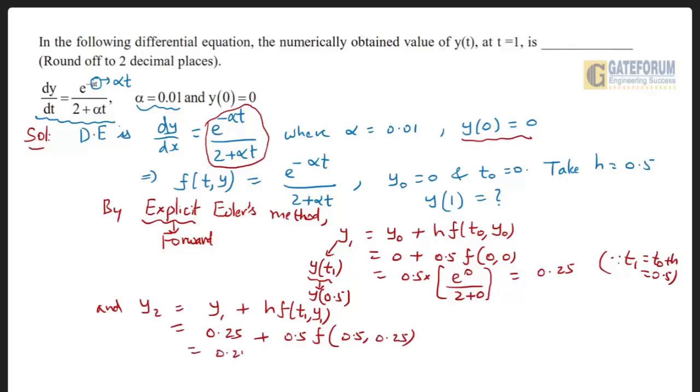This is 0.25 plus 0.5 into, in this function of t comma y, put t value 0.5, alpha value already given 0.01. So you will get e power minus 0.005 divided by 0.005.